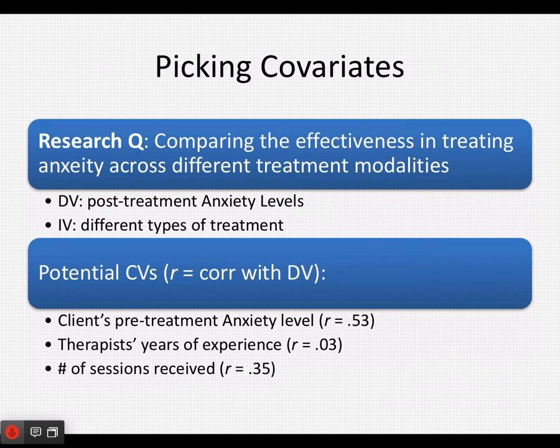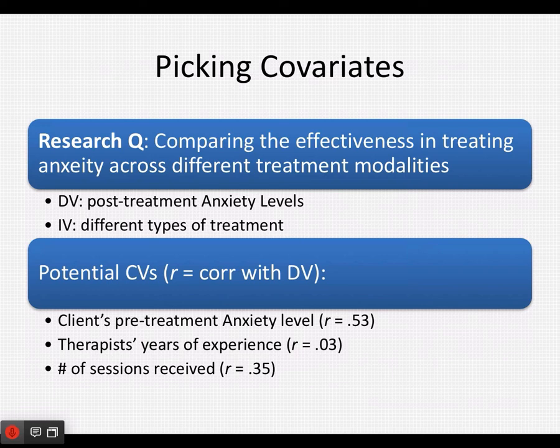So this is your pop quiz. Here is a study, here's the DV, here's the IV, and here are some potential CVs, covariates, that we can use. Which one would you use, and how would you make that decision?